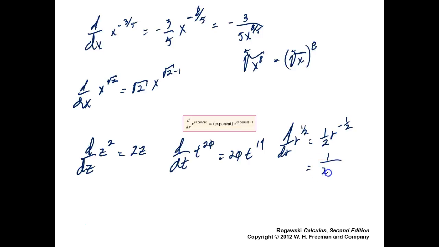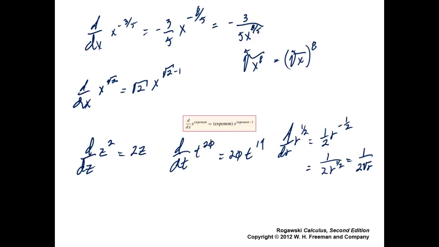Very good. And without a fractional exponent, that would be 1 over 2 root r. I don't like that form, but all those are equivalent. Very good. This is, to me, the handiest form to do.